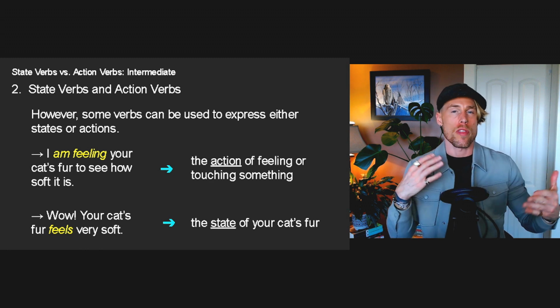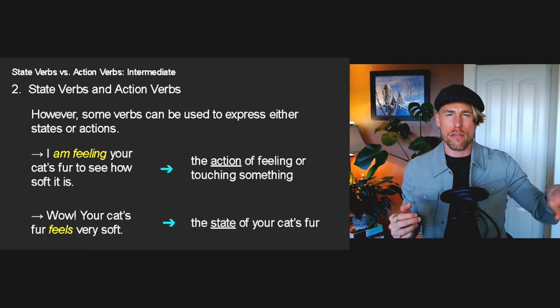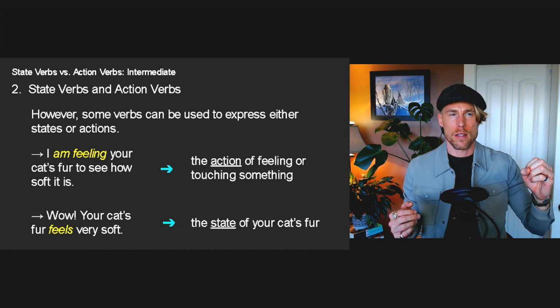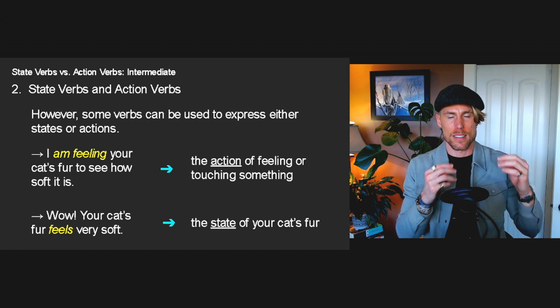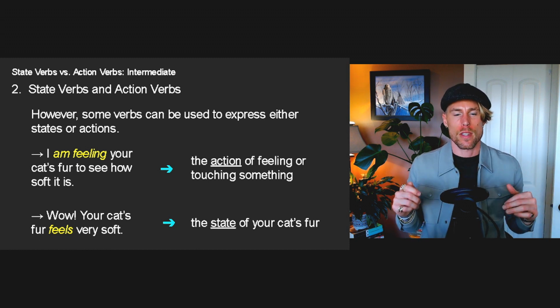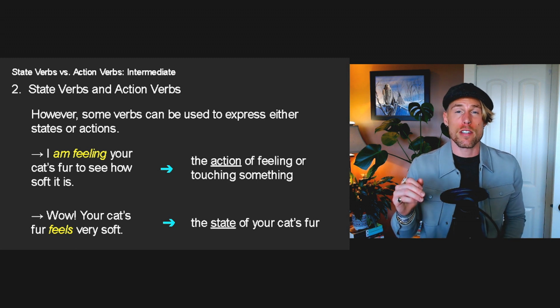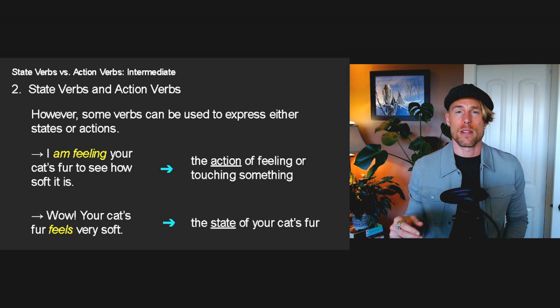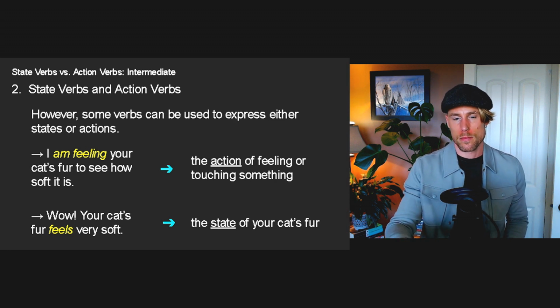It's how the fur feels. Is it soft? Is it hard? Is it coarse? Is it bristly, like a brush, or is it like silk? So your cat's fur feels very soft. This is the state or condition of the cat's fur, not an action.